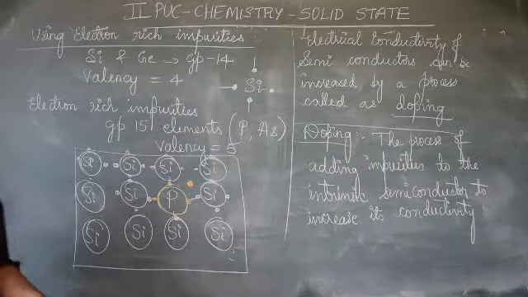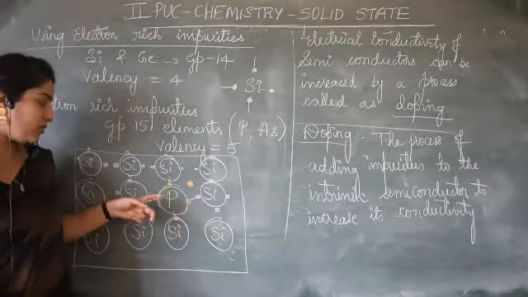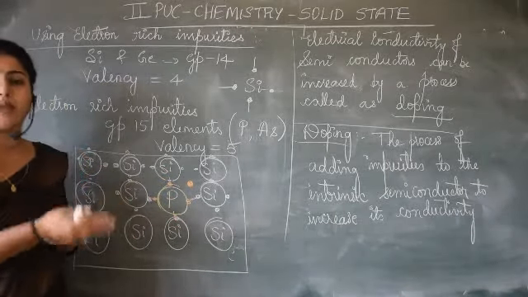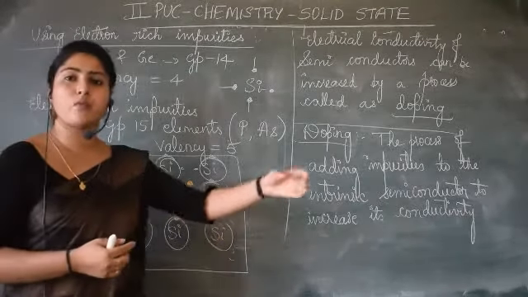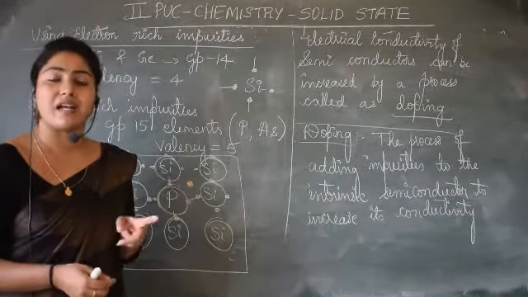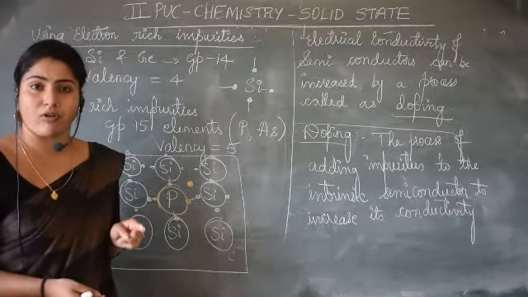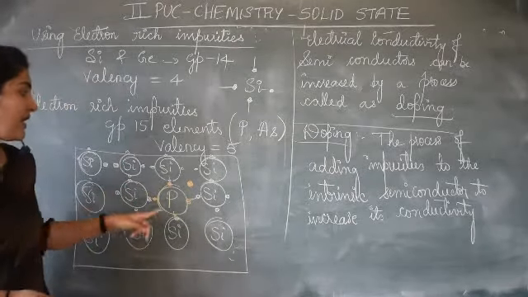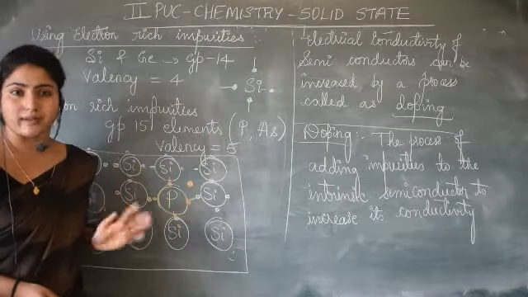What will that do? This free 5th electron will start moving. If there is movement of electrons, you say conduction is taking place. Conductivity is related to movement of electrons. The free electron now starts moving.